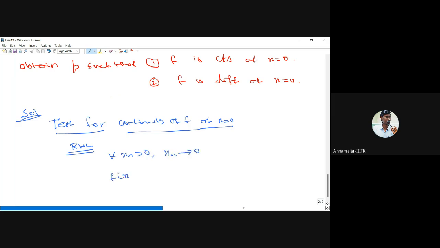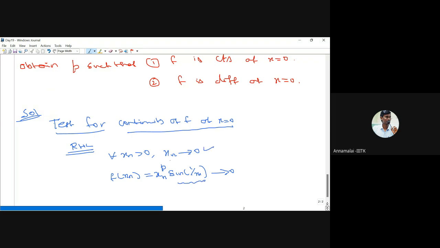By the definition, f of xn, all the xn's are positive. Therefore, this is nothing but xn power p into sine of 1 by xn. And we know that if p is greater than 0, then it always converges to 0, because sine 1 by x is bounded by 1, and xn already converges to 0.